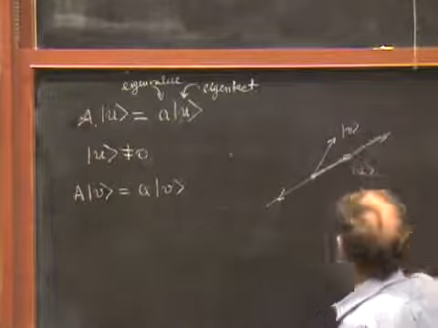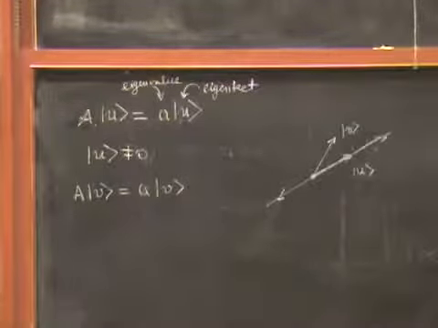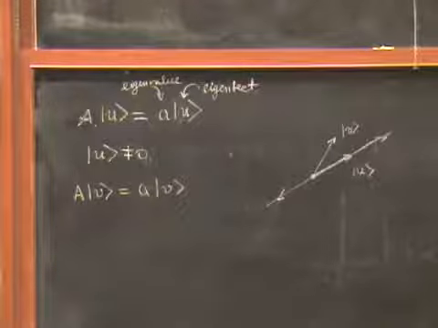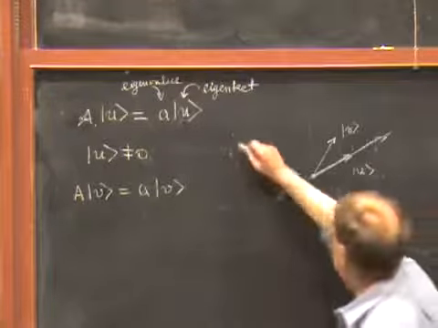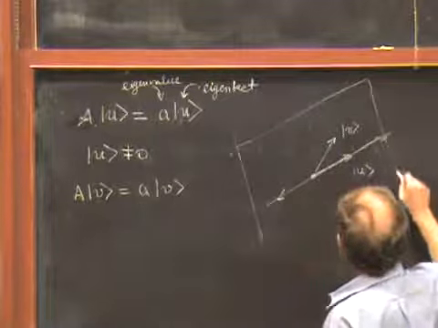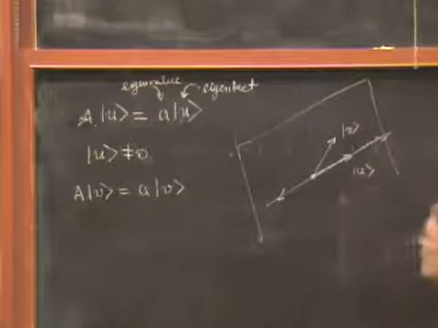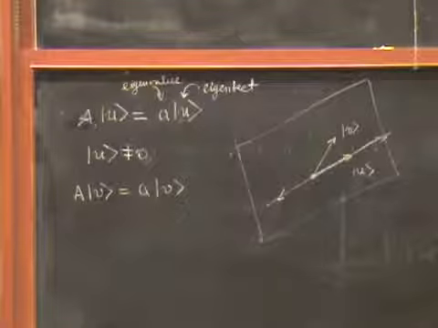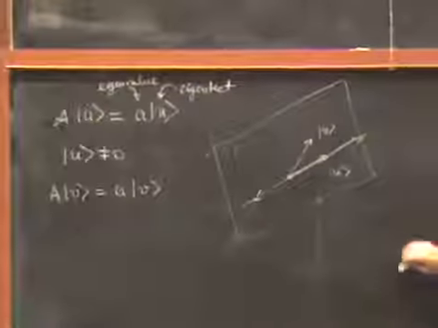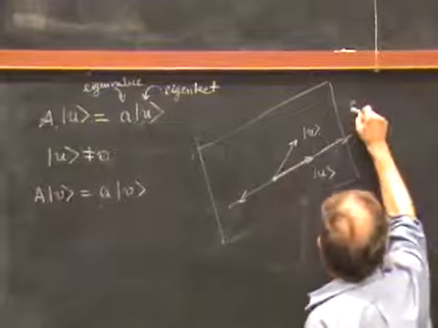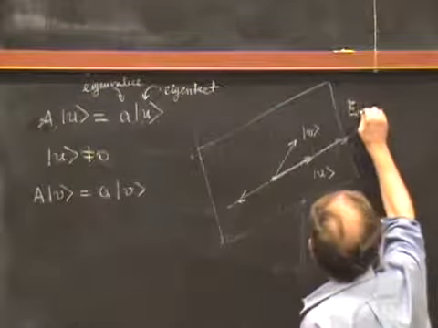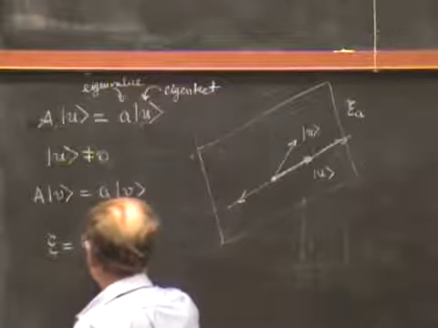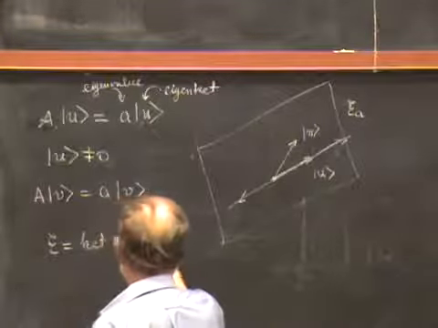Here's the b. Then it becomes apparent that any linear combination of the u and the b is also an eigenket. And so the space of eigenkets becomes a two-dimensional vector space like this. Under these circumstances, it becomes appropriate to speak of an eigenspace. We'll call this the eigenspace, script E sub A. I'm generally using the notation script E for the entire ket space, the entire vector space.